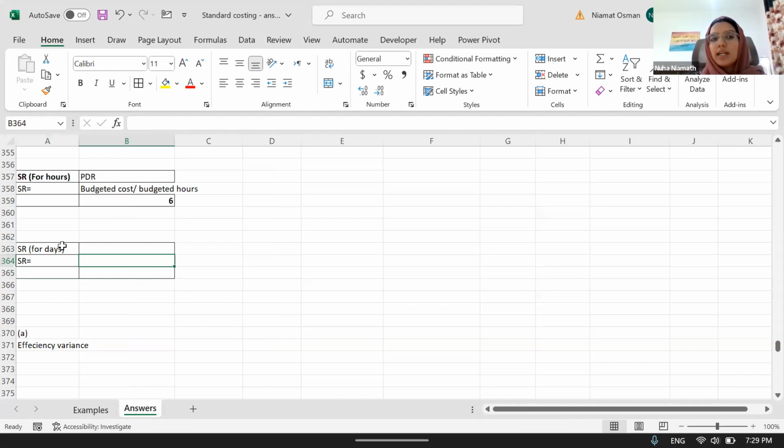How will you calculate the standard rate for days? Come on, think a little. We have calculated standard rate for hours. How will we calculate it for days? This is also the predetermined rate. But for the days, your base will be days here.